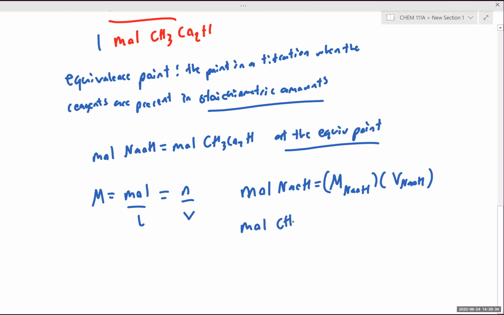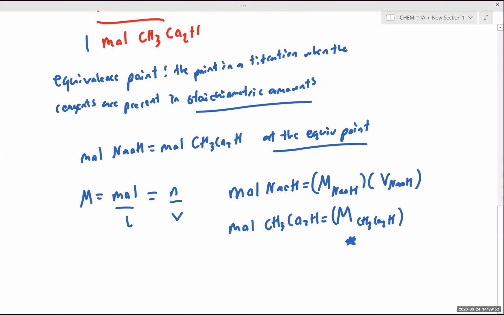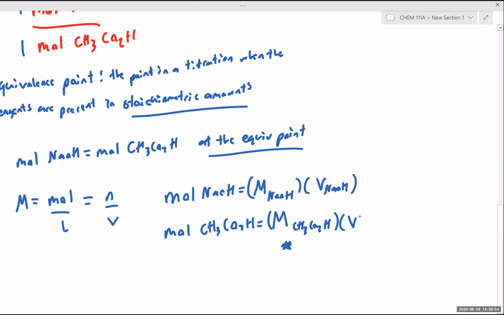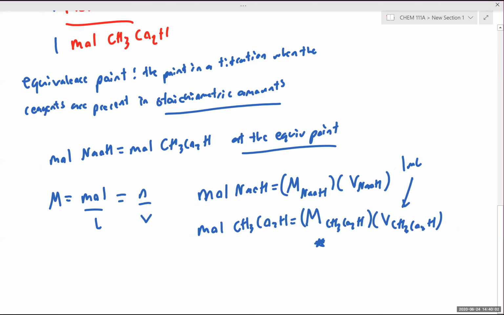While the moles of acetic acid are equal to the molarity of acetic acid, this is what we're after, so let's put a star next to it, times the volume of acetic acid solution. And we know that this is the volume of about 1 mL. That's how much taco sauce we titrated.